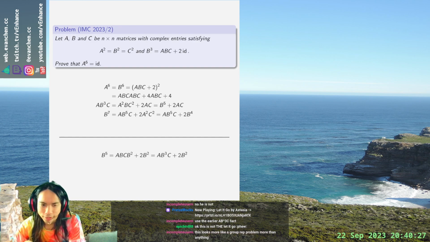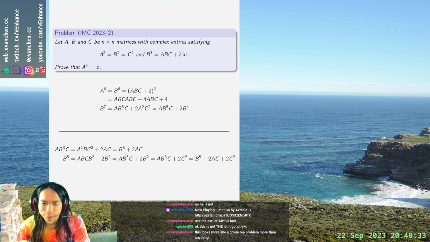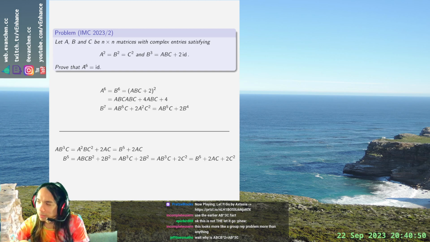This is left to right. And then we also do the b to the fifth. So one of them is multiplied by a on the left and c on the right. The other is just multiplied by the square. ab cubed c.